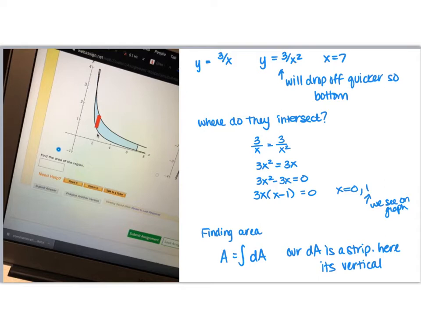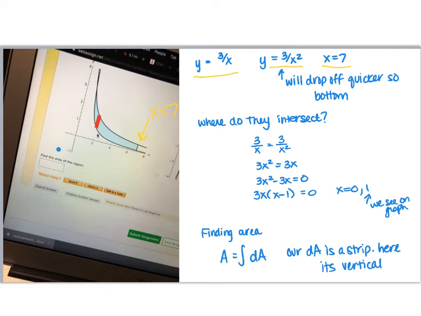So I chose this one that you sent me a picture of, and the two curves that we're asked about are y equals 3 over x, y equals 3 over x squared, and then x equals 7. And you can see right here that this is ending at x equals 7.